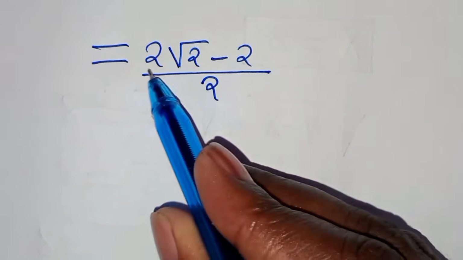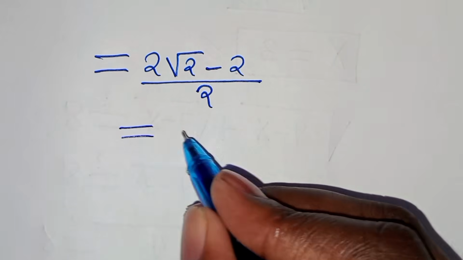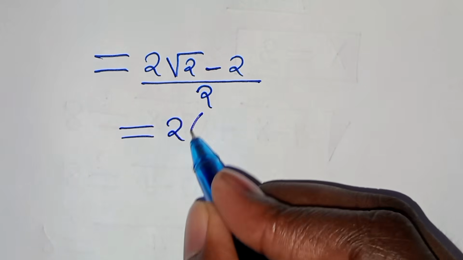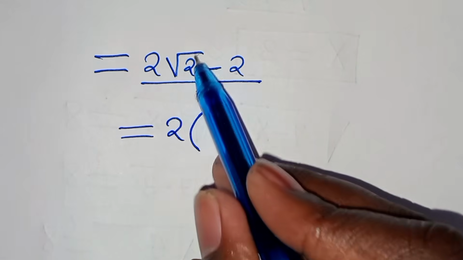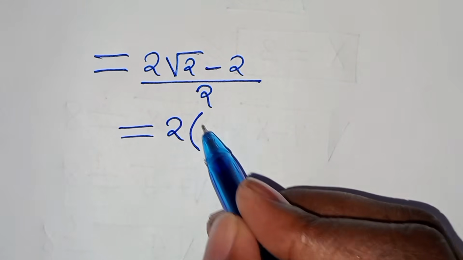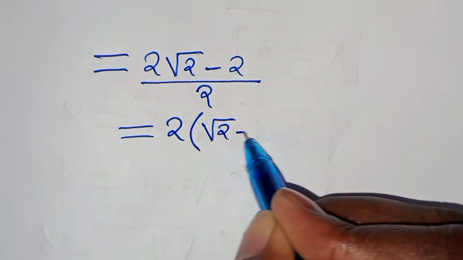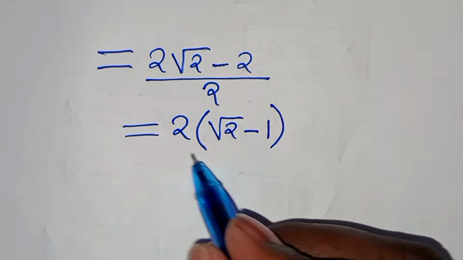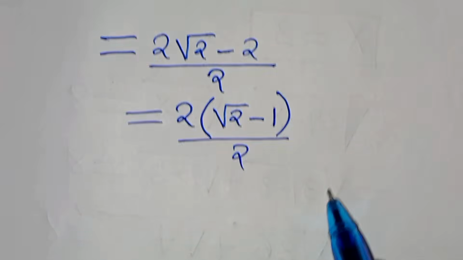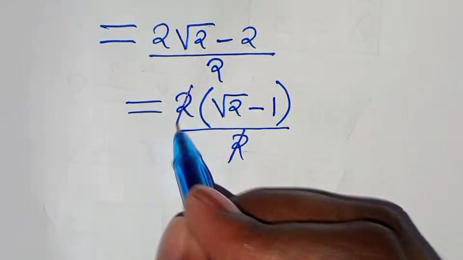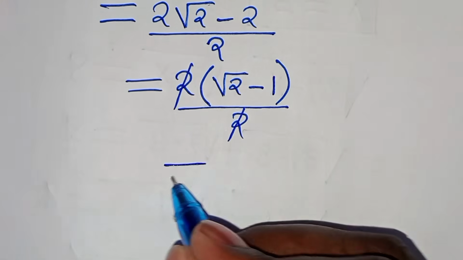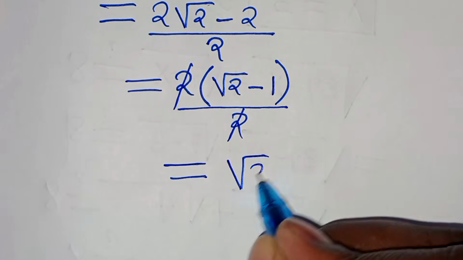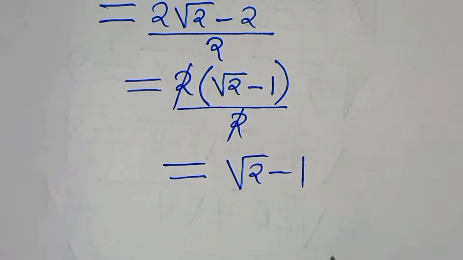Now this implies that in the numerator here, 2 is common. We can factor out 2 so that 2 square root of 2 divided by 2 is square root of 2, minus 2 divided by 2, this is 1. Then divided by 2. So if we simplify 2 and 2 here, this means that we have square root of 2 minus 1.